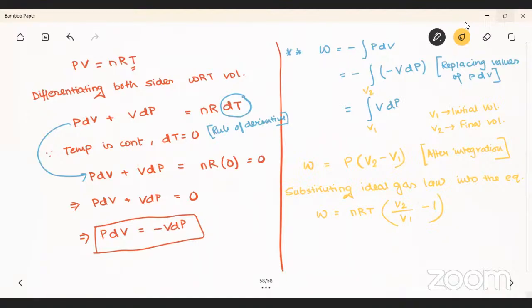PV is equal to nRT. We have just written the formula like this.